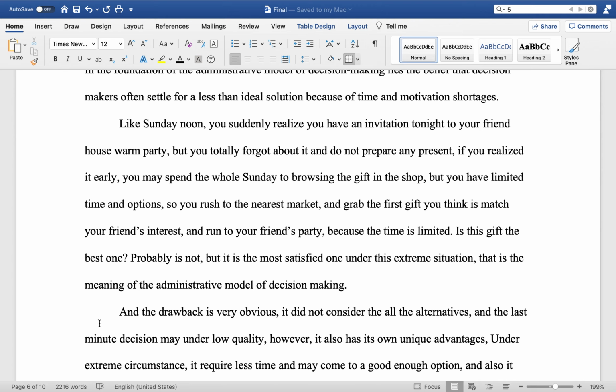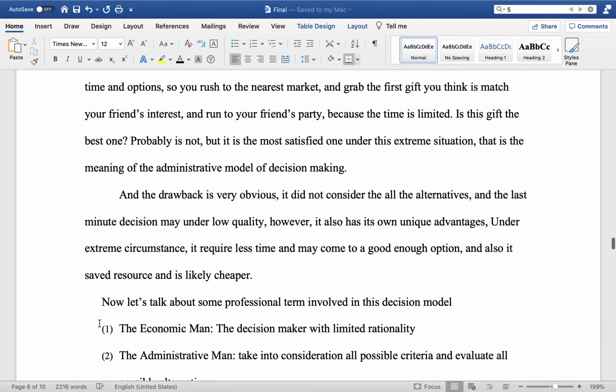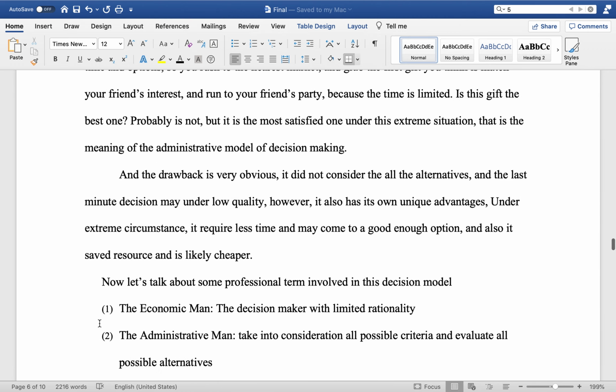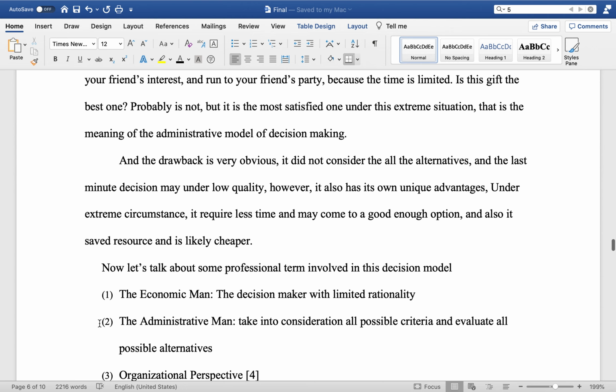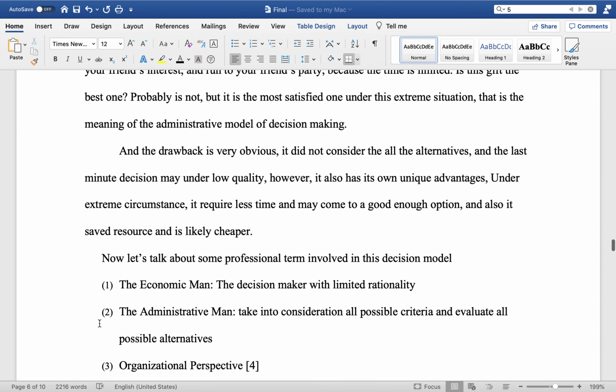The drawback is very obvious: you cannot consider all of the alternatives, so you can only get a good enough option. But it also has an advantage, that it saves a lot of time and cost.